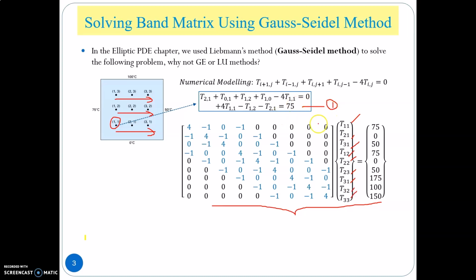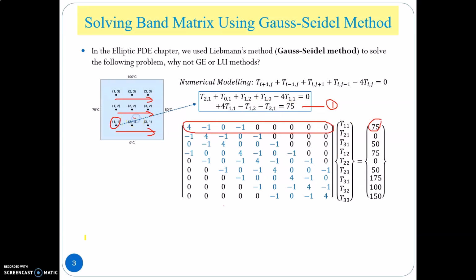So for the first equation, we can write in this row where you have 4 multiplied with T11, minus 1 multiplied with T21, 0 multiplied with T31, you still get 0, and lastly negative 1 multiplied with T12, which is this. The rest is 0, and then on the right hand side you have 75.